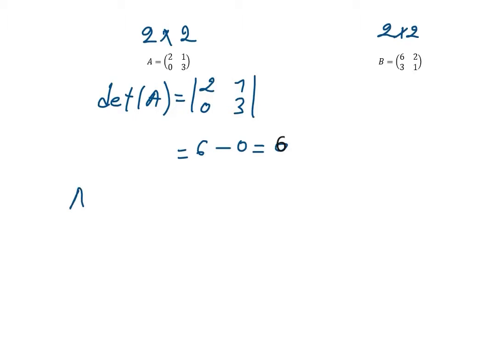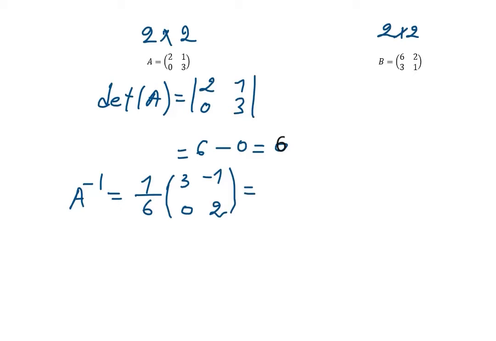So A minus 1 is equal to 1 over the determinant of A, 1 over 6, times the matrix here. We will swap these two entries, so we put 3 here and 2 here, and we take the negative of these two elements, so it is minus 1, and the negative of 0 is 0 itself.